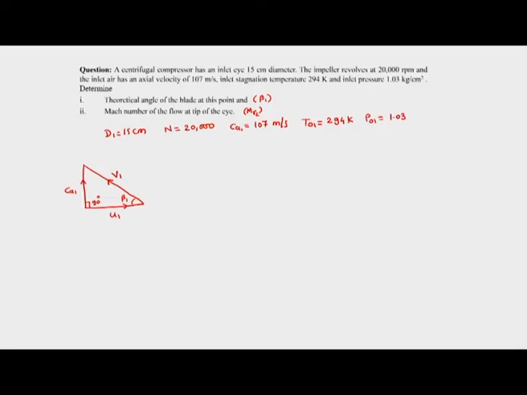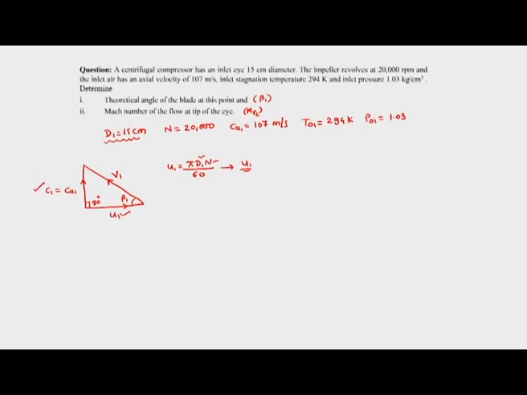Now having these things known, we can find out that C1 is equal to CA1, since CW is 0 at the inlet. So U1 is equal to pi D1 N by 60. We know D1, we know N, and then we can find out U1. So U1 is known in this velocity triangle. We are given the axial velocity again, so this is known.